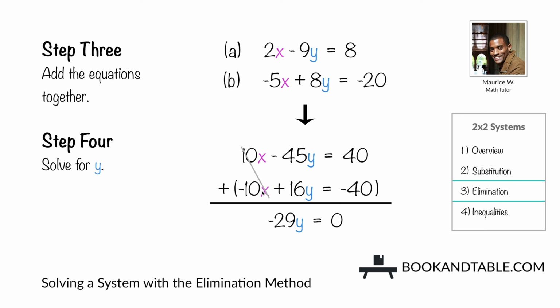So now that we've eliminated x, step 4, we can solve for y. We want to get rid of this coefficient, negative 29, in order to solve for y. So we divide both sides by negative 29, giving us y is equal to 0 divided by negative 29, which is 0.